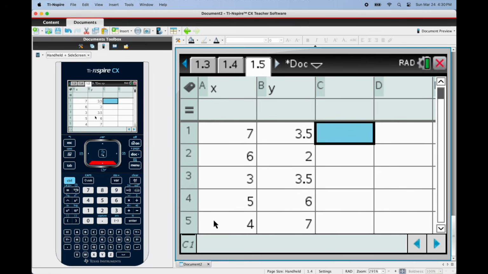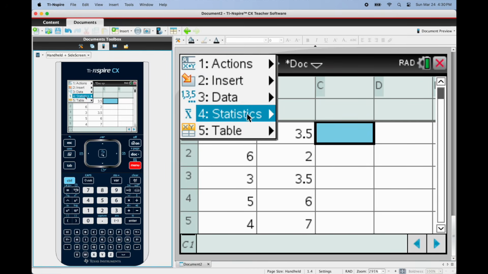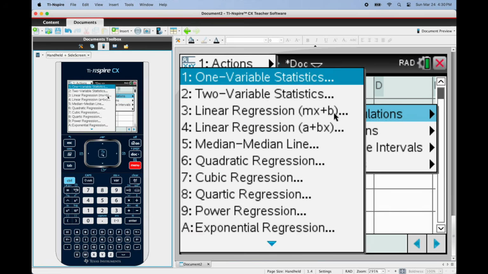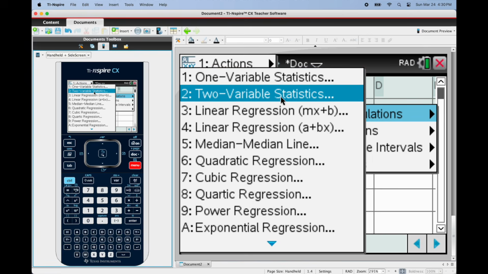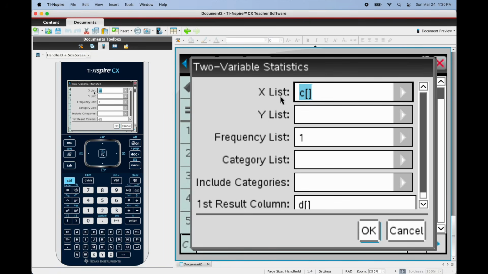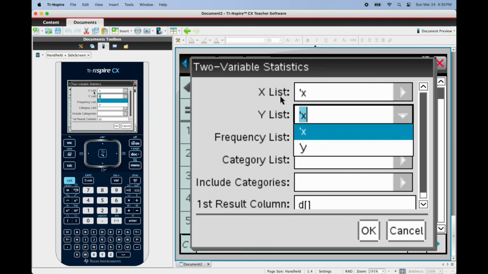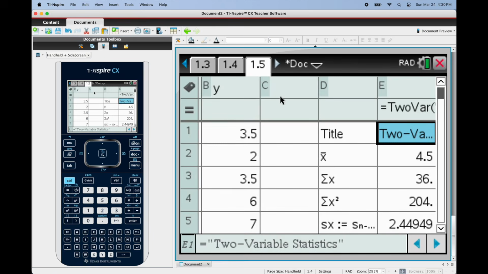Alright, so let's go ahead to statistics, stat calculations, and in this case we want 2 variable statistics. We're comparing these 2 variables of age and time. So we put X within our X, Y within Y, that's all we need.